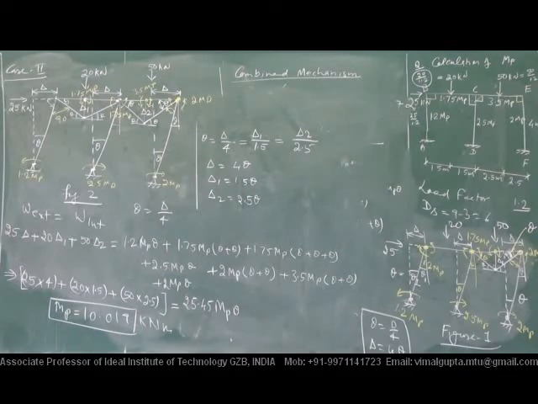Therefore, every mechanism has been considered: the beam mechanism, one sway mechanism, and further the combined mechanism. And we will select the minimum value of MP or the maximum value.